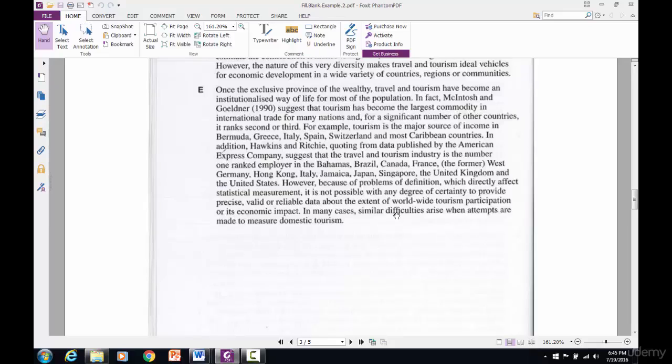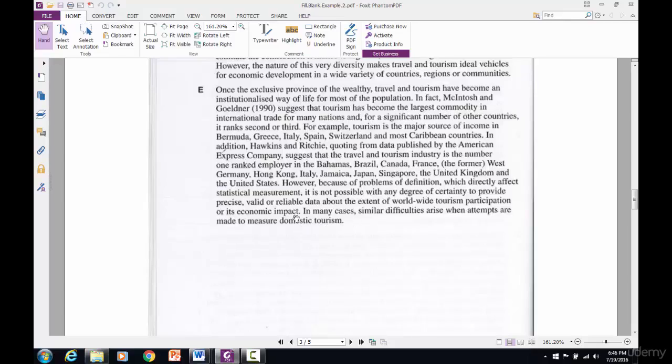Now you might look at the previous sentence also because it's talking about problems of definition, and we have the words statistical measurement. But really, this is the sentence we need to look at: "In many cases, similar difficulties arise when attempts are made to measure domestic tourism."